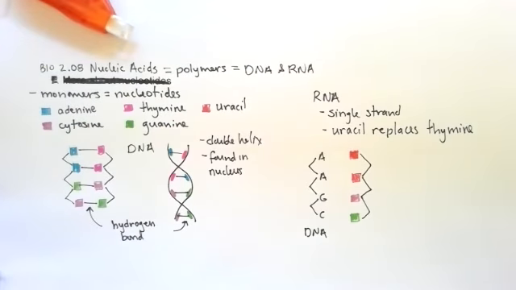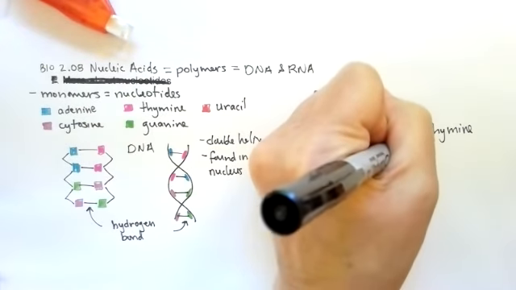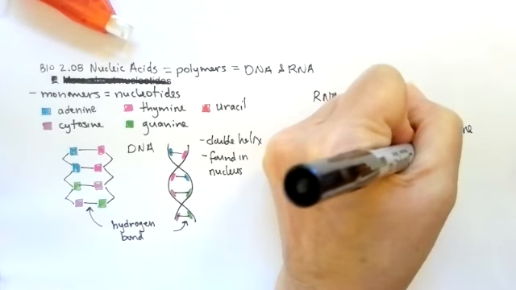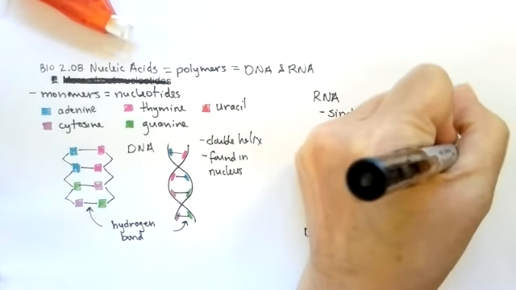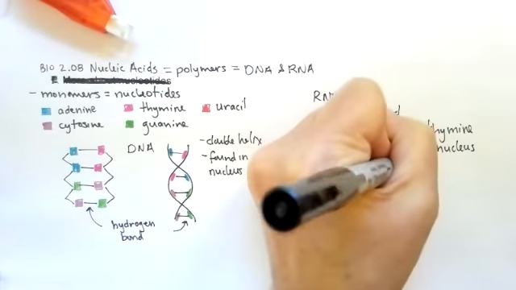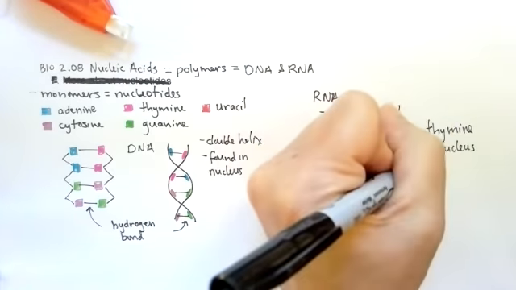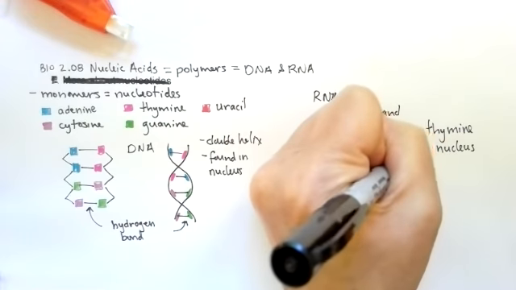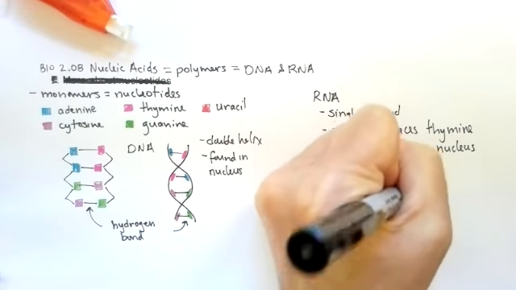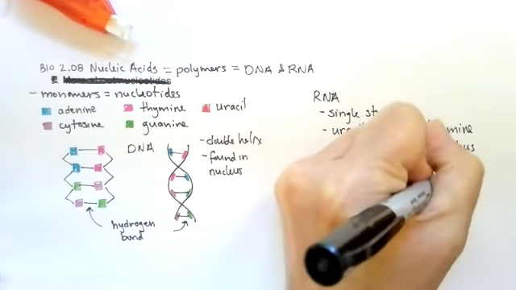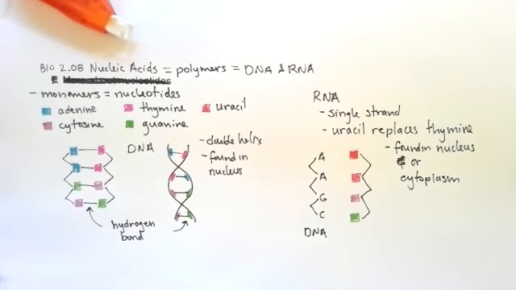The other thing about RNA is it can be found in the nucleus or in the cytoplasm. Remember, the nucleus is the structure in the center of a eukaryotic cell. The cytoplasm is the jelly-like fluid that surrounds the nucleus.